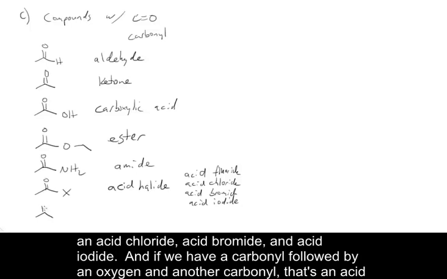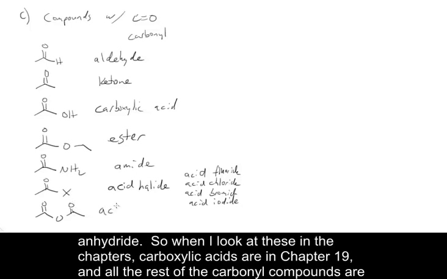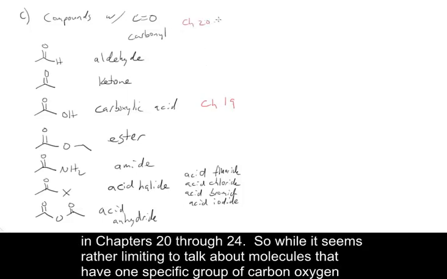And if we have a carbonyl followed by an oxygen and another carbonyl, that's an acid anhydride. So when I look at these in the chapters, carboxylic acids are in chapter 19, and all the rest of the carbonyl compounds are in chapters 20 through 24.